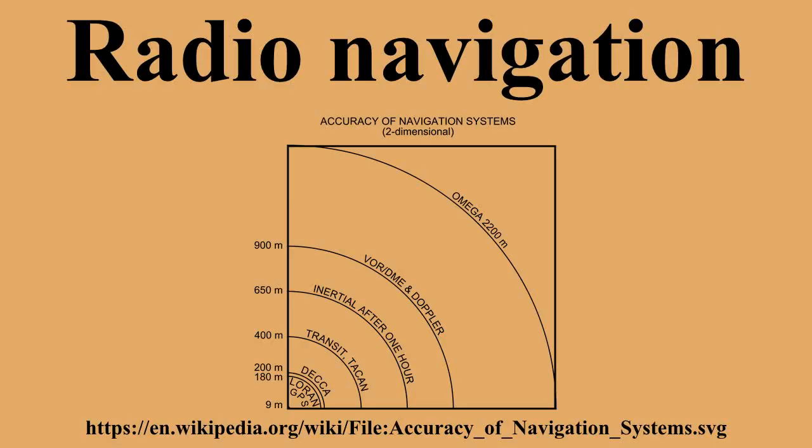ADF and NDB. A great advance in the RDF technique was introduced in the form of phase comparisons of a signal as measured on two or more small antennas, or a single highly directional solenoid. These receivers were dramatically smaller, more accurate, and simpler to operate.